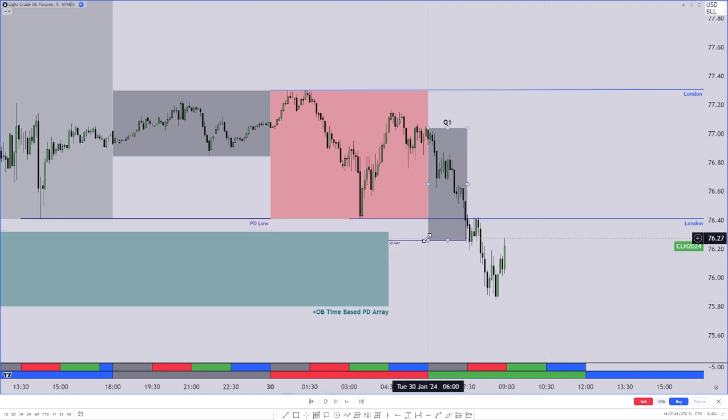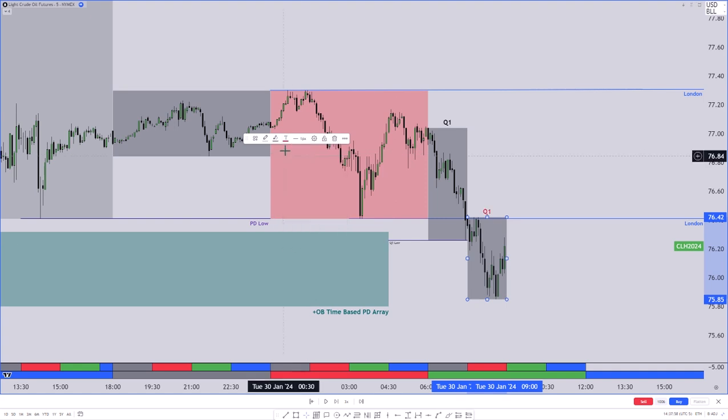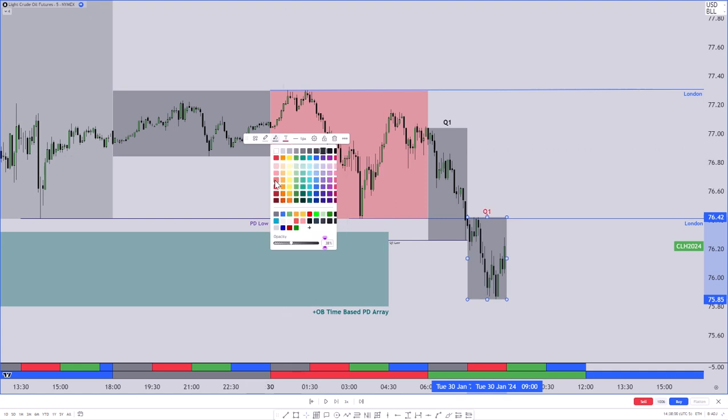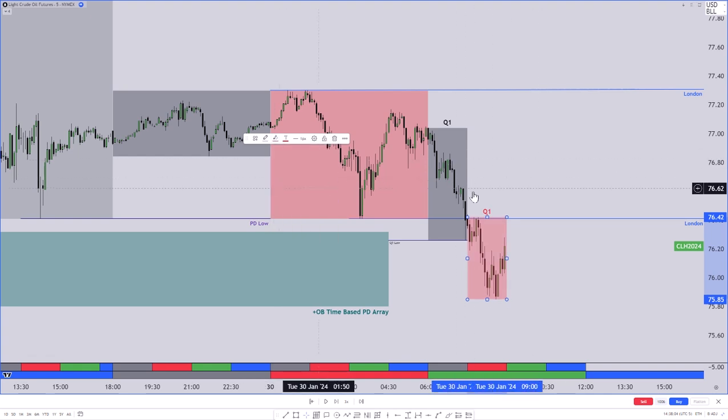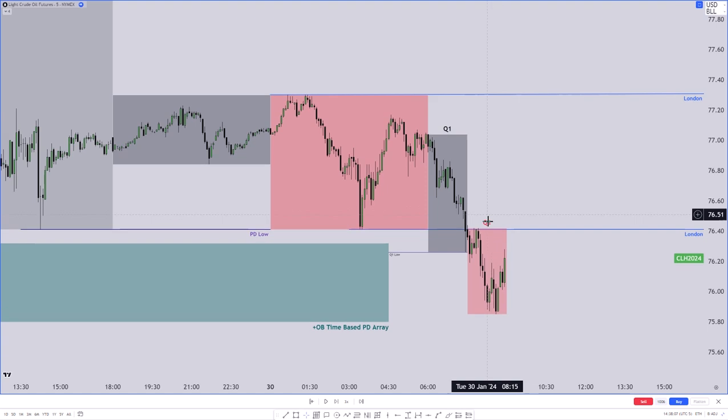Then the range after it would be our distribution. Right. So this would be our Q2 range.